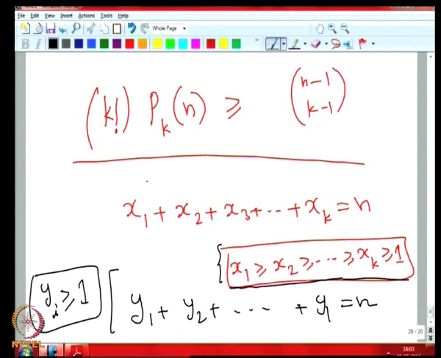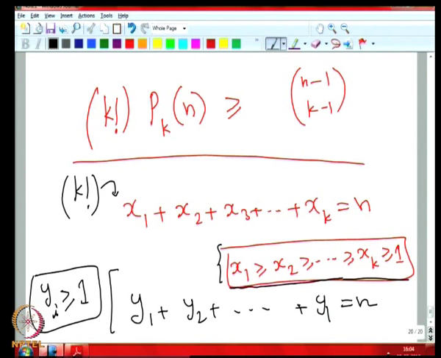For instance, if x1 is assigned a value a and x2 is assigned a value b, we can give a to x2, b to x1, and so on. So, permute the values assigned to x1, x2, x3, up to xk in all possible ways. Definitely it can be done in k factorial ways. What is assigned to x1 can as well be assigned to x2 or x3 or xk, and what is assigned to x2 can be assigned to any of the remaining k minus 1 possibilities, and so on. So, there are at most k factorial permutations that we can get.